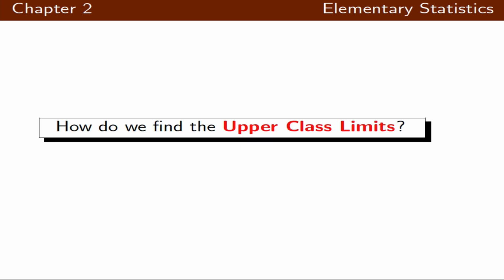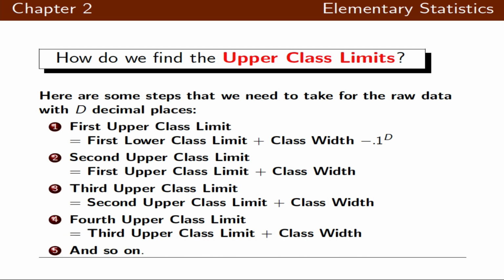Now we also need to find upper class limits. To find the first upper class limit, we take the first lower class limit plus the class width minus 0.1 to the d power, where d represents the number of decimal places in the raw data.